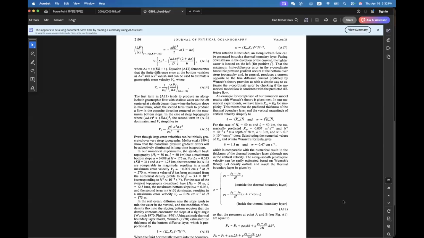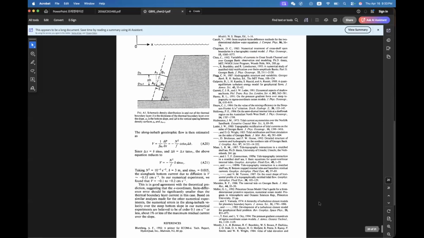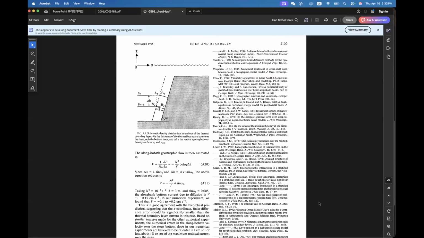If you put in the stratification, temperature, and eddy viscosity, you can expect what the thermal boundary layer should look like at the bottom. Right? So if you don't reach this, that's a sigma error. If you can reach the condition, you don't need to worry about sigma error. That's a true solution. Okay. You see here, that's what I estimate, go down a little more. Yeah, you see here. That's the equation I defined.